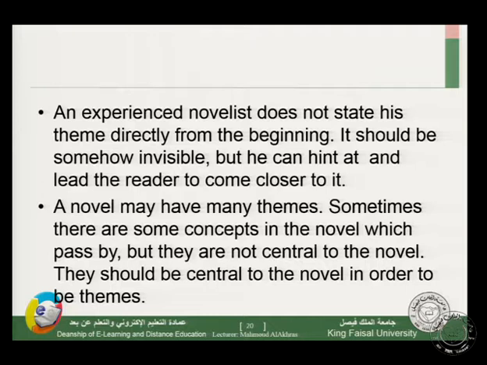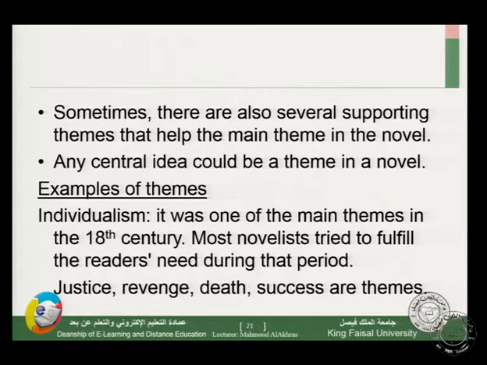So if we are going to say we have themes in the novel, concepts should be central to the novel. Sometimes there are also several supporting themes that help the main theme in the novel. So we have not only one theme, sometimes we have more than 10 themes in one novel. These themes can support each other. Any central idea could be a theme in a novel.